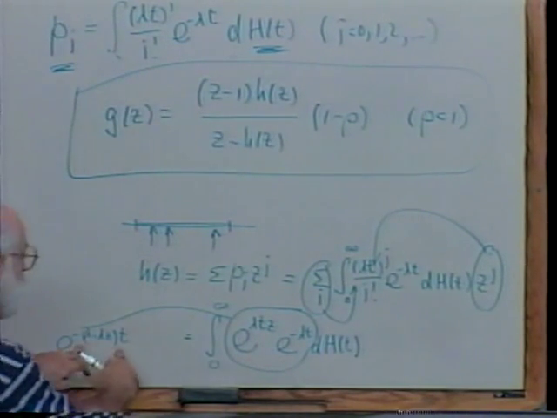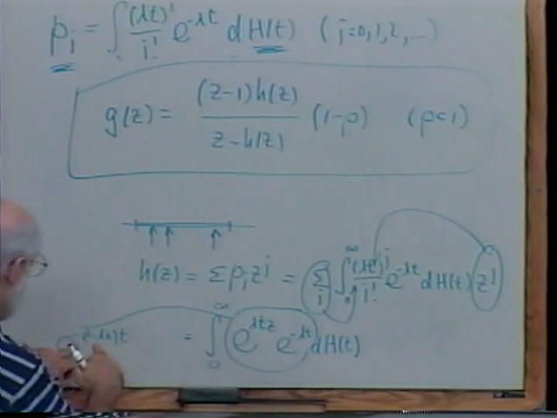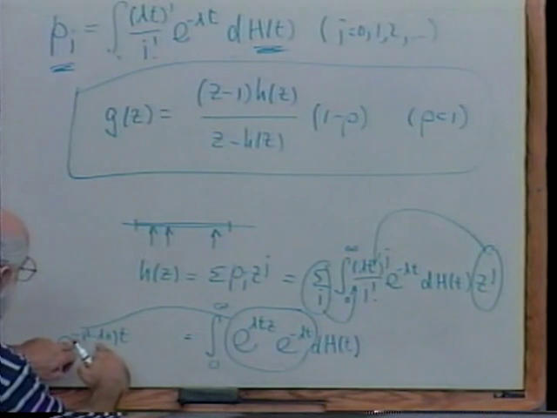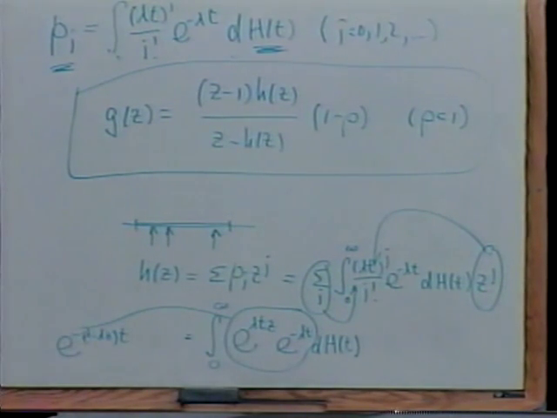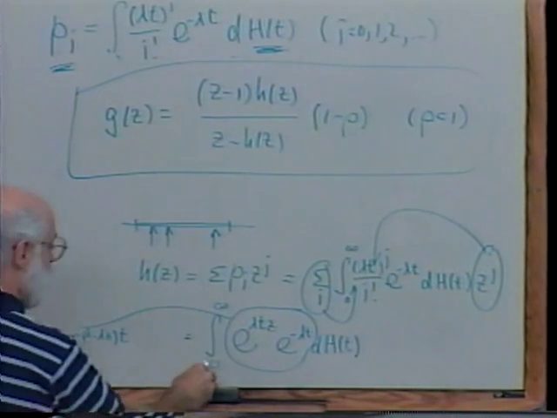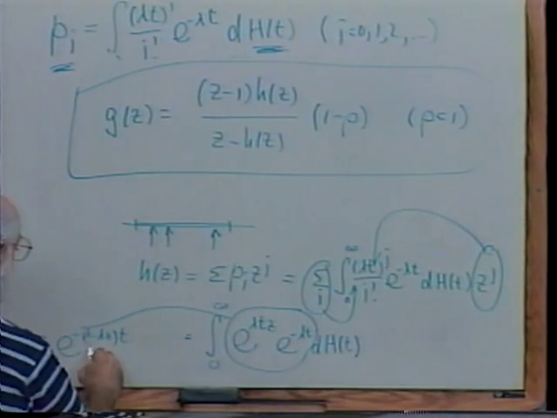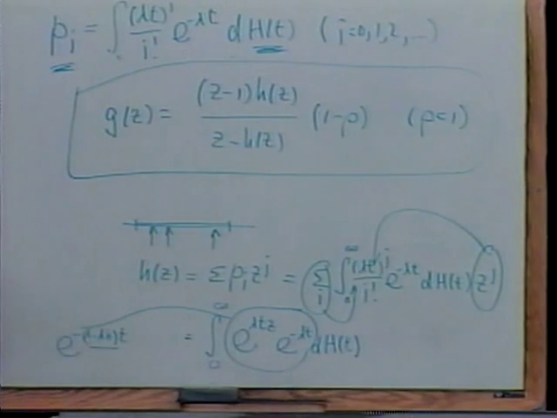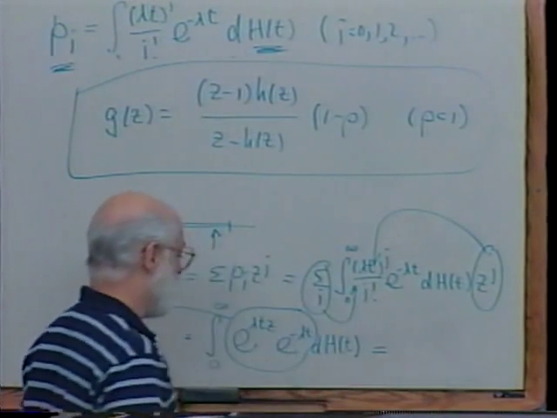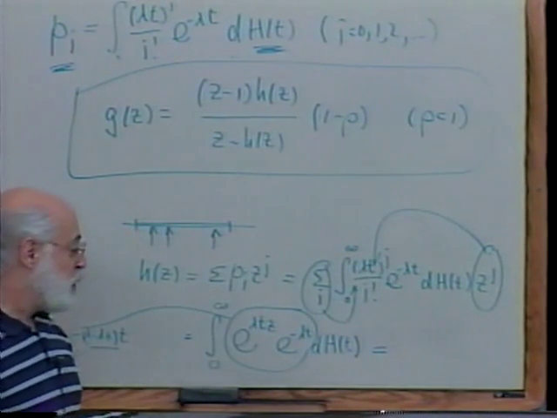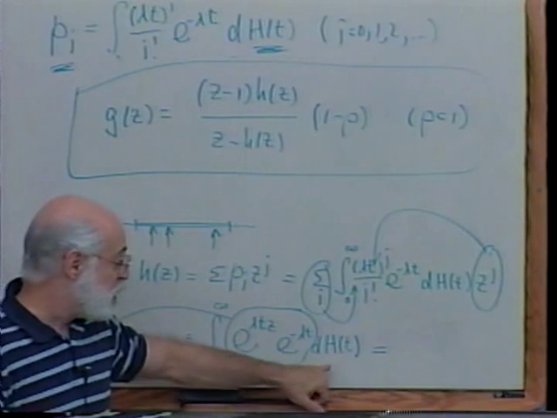There's e to the minus lambda t, that's that guy, and then there's e to the plus lambda zt, that's that guy. So what I have here is the integral of e to the minus something t dh of t. Well, that's the definition of the Laplace-Stieltjes transform of the distribution function of the random variable whose distribution function is h.